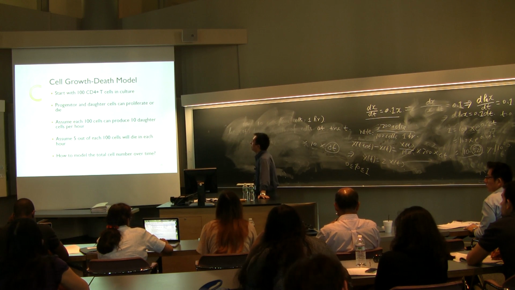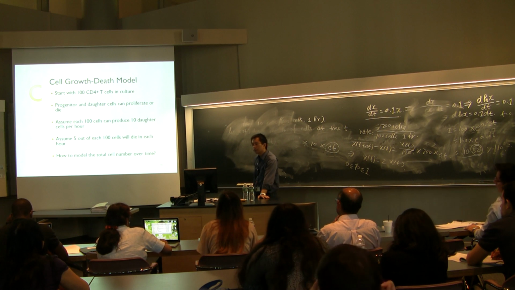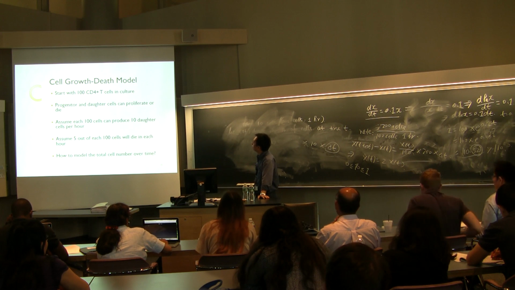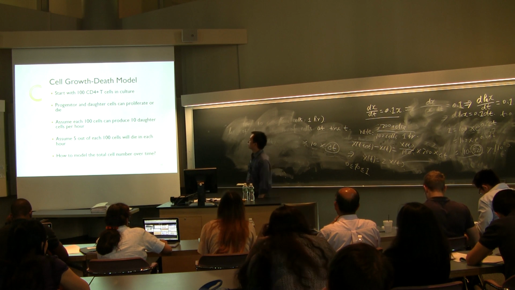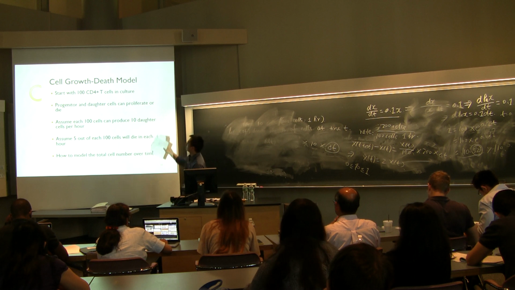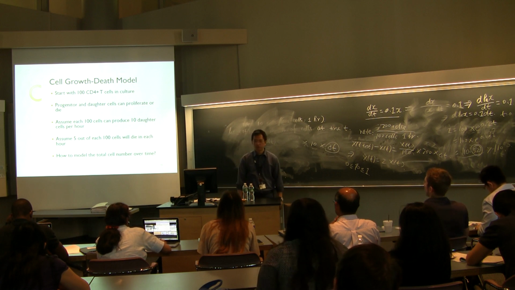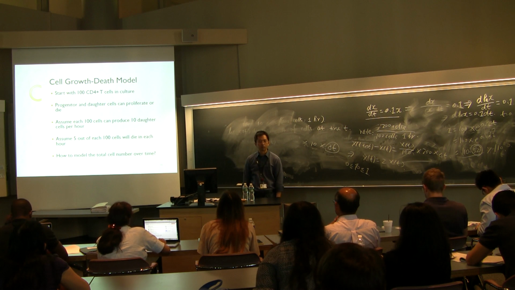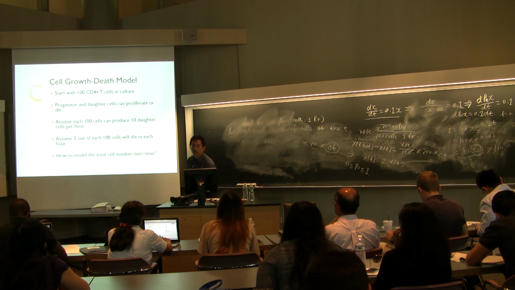The progenitor and the daughter cells can proliferate or die, so they both can have the two types of behavior. We assume that each 100 cells will produce 10 daughter cells per hour. However, 5 out of 100 cells will also die per hour. Does that make sense? So how do we do this modeling?